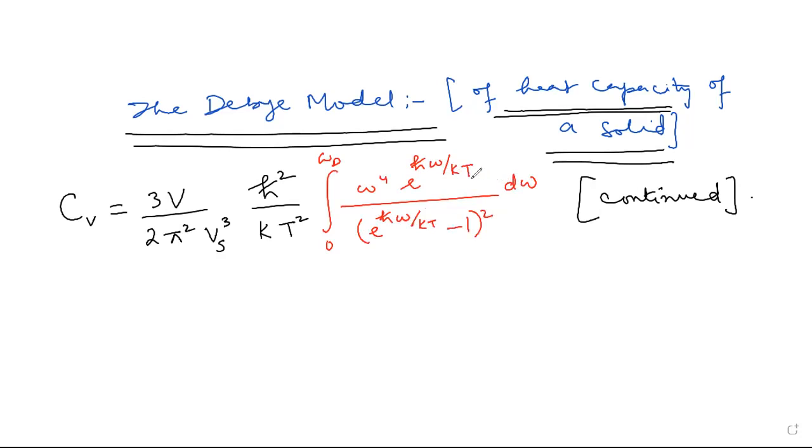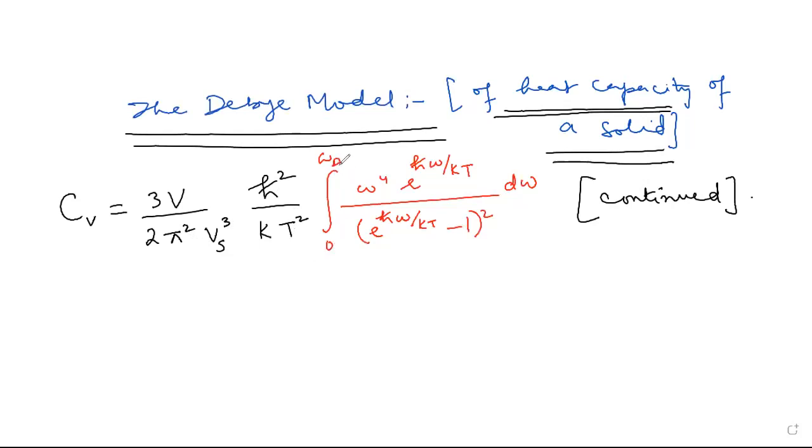I will check the equation first before going forward. CV is 3V over 2 pi square Vs cube, h cross square by kT square.